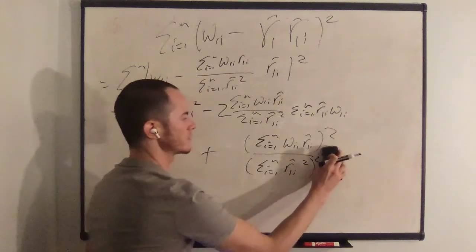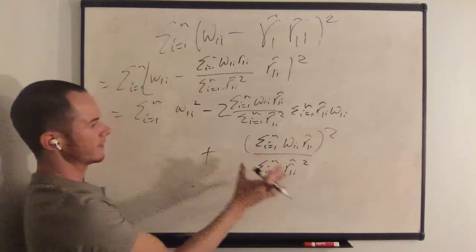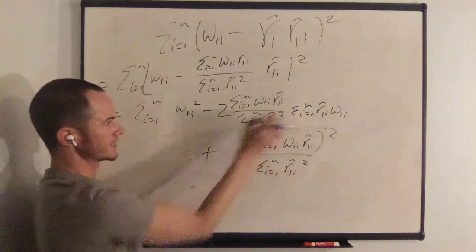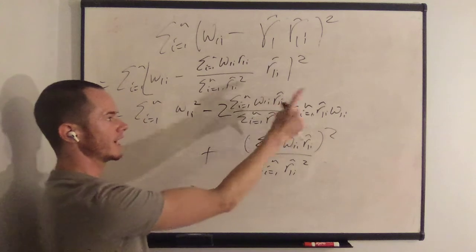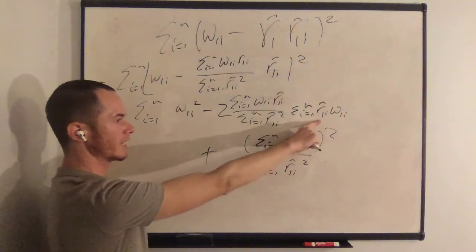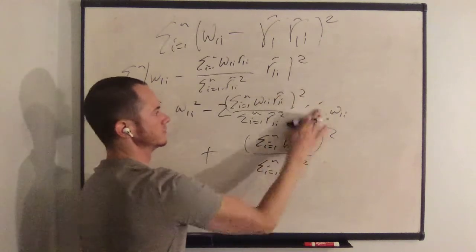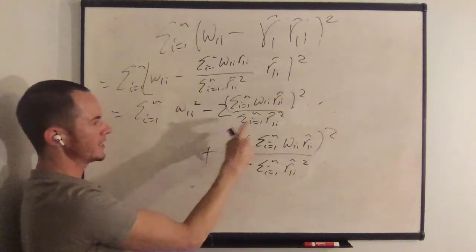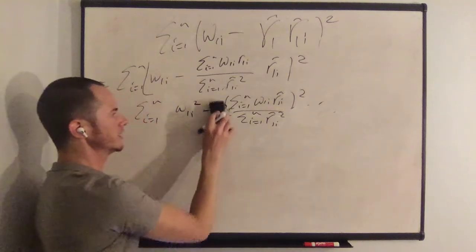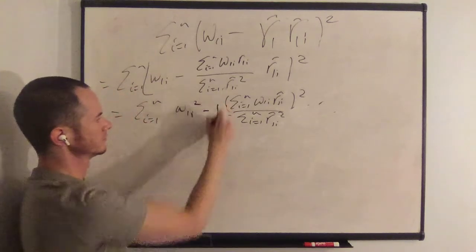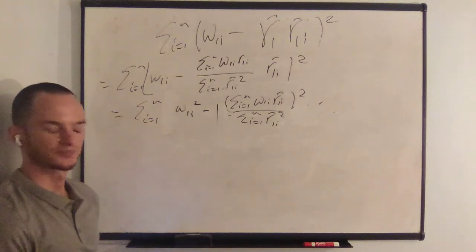And this is the same term as this, the sum of w1i r1i hat times the sum of r1i hat w1i, that's squared. So you have minus 2 plus 1. Minus 2 plus 1 gives you negative 1, which is what we started with.